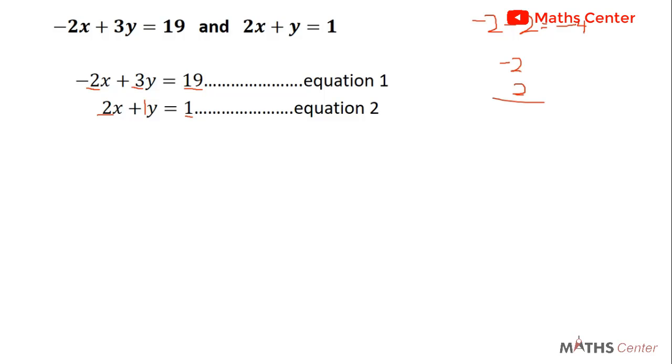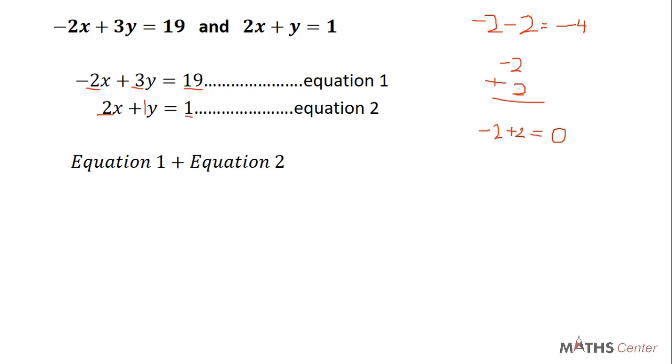But when we add it, that is minus 2 plus 2, that is going to give us 0. So it means that if you want to take minus 2x and 2x out, we will have to add the two equations. In order to take x out, we have to add the two equations. So that is what we are going to do.